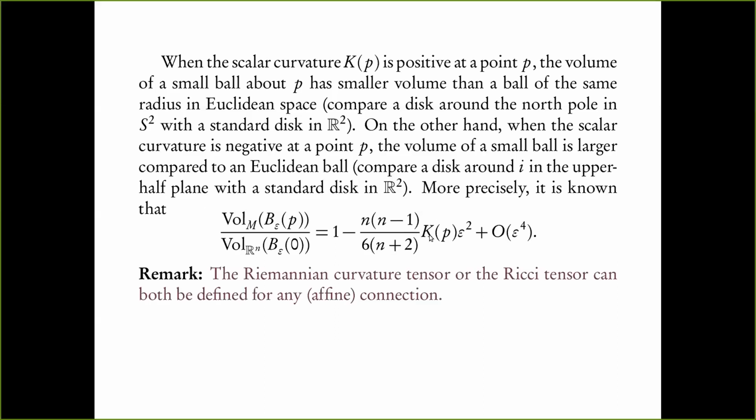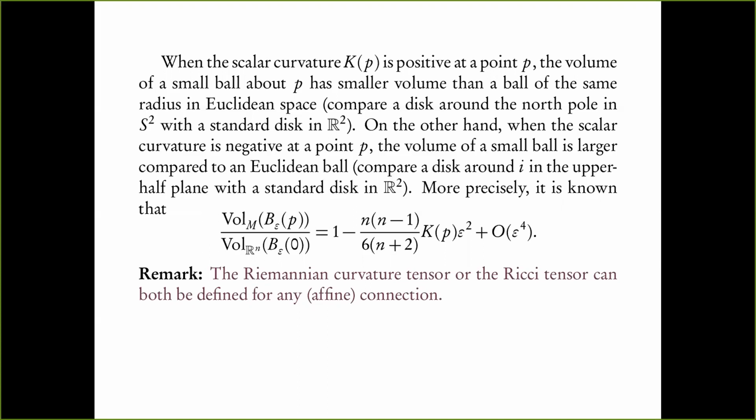So let me end with this remark, connecting back to one of the things that Swapnil had asked, when I said you can define it for pseudo-Riemannian manifolds. The curvature tensor that we have talked about, or the Ricci tensor, can be defined for any connection. That has nothing to do with the metric, because we never used metric compatibility or torsion freeness for a lot of these basic properties. To prove that the Riemannian connection is unique, you need torsion free and metric compatible.